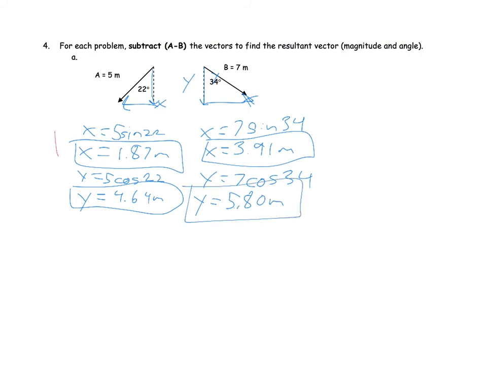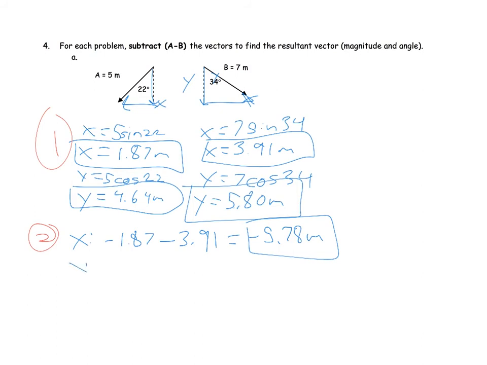Okay, so now that we have our x and y components found, we're going to go ahead and subtract them now. So in the x direction, we're going to have negative 1.87 minus 3.91. And so we end up getting negative 5.78 meters.